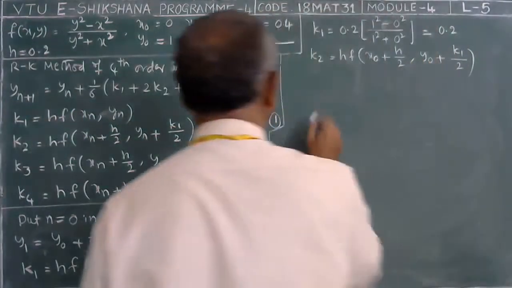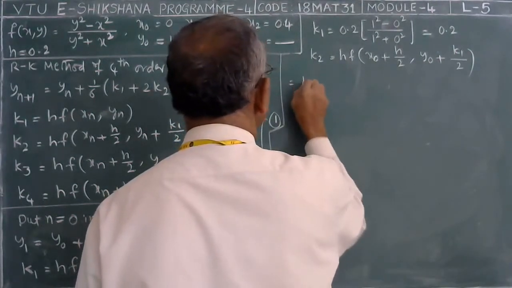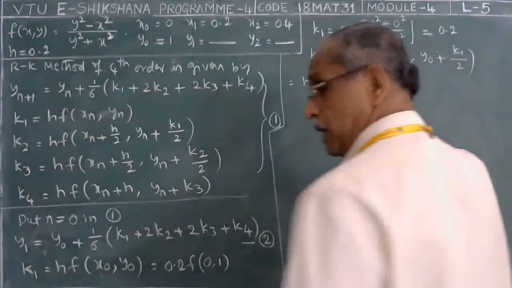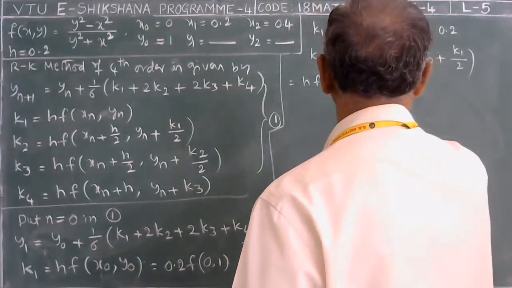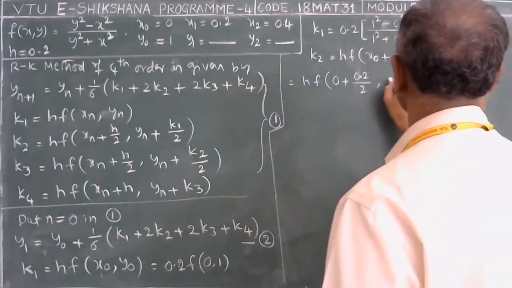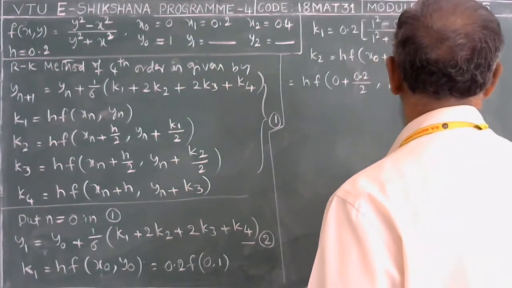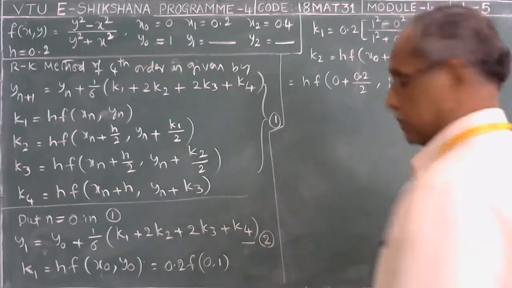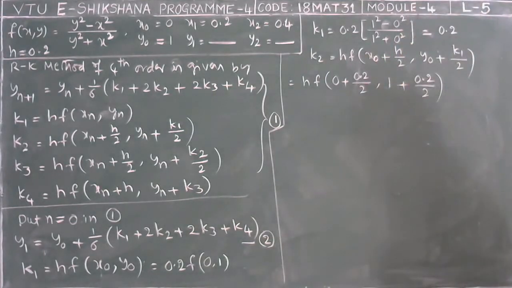So this is equal to h into f of x0 is 0 plus 0.2 divided by 2, comma, y0 is 1, k1 is 0.2, so plus 0.2 divided by 2.